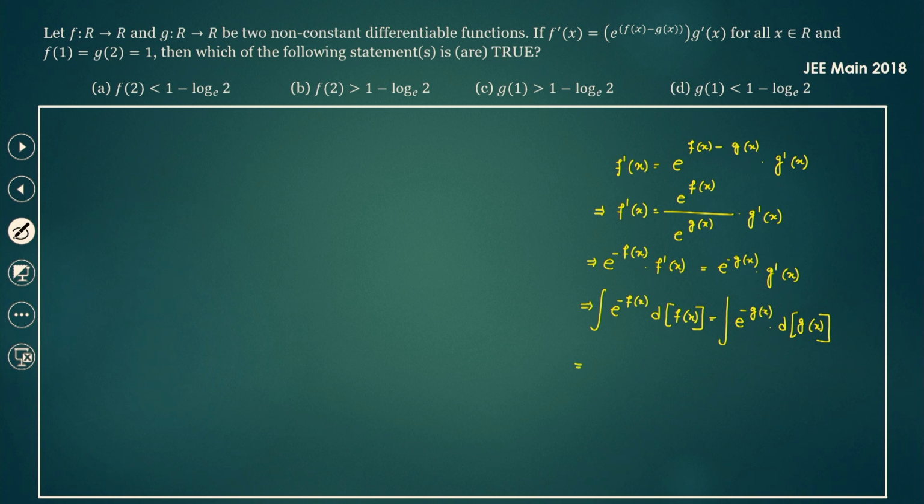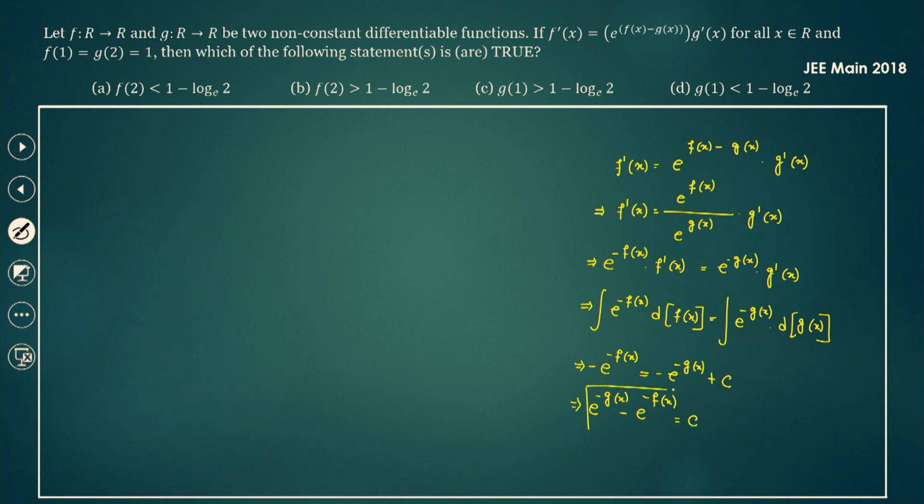The integration gives minus e to the power minus f(x) is equal to minus e to the power minus g(x) plus c, where c is the integration constant. So e to the power minus g(x) minus e to the power minus f(x) is equal to a constant.